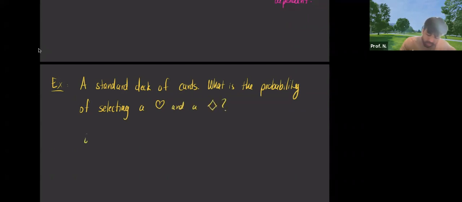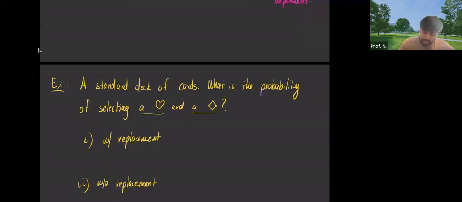And I'm going to give you two instances. One is with replacement, and one is without replacement. So what's the probability of getting a heart and a diamond?